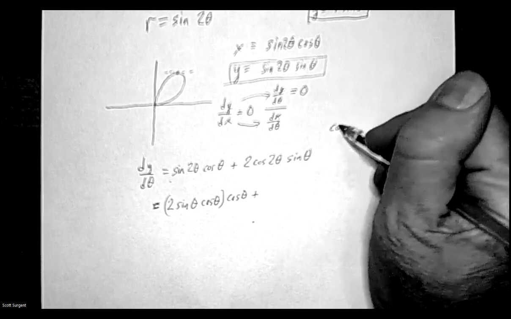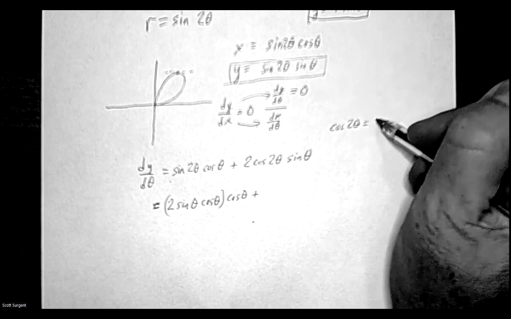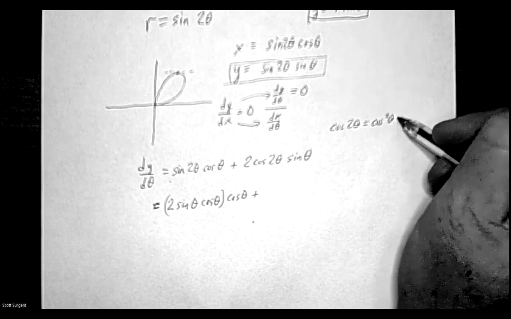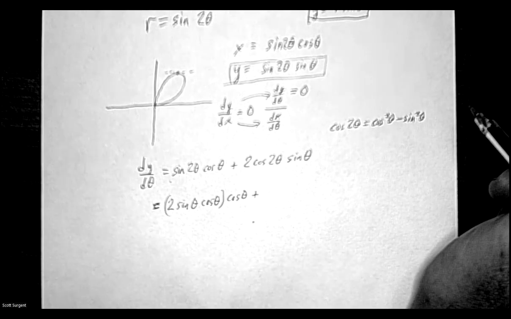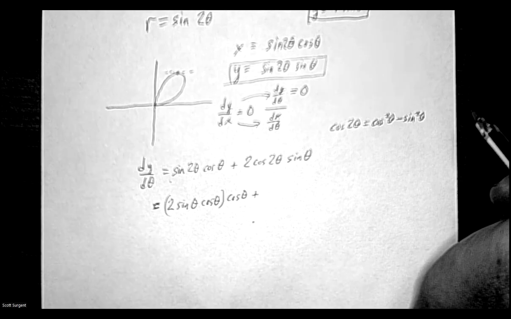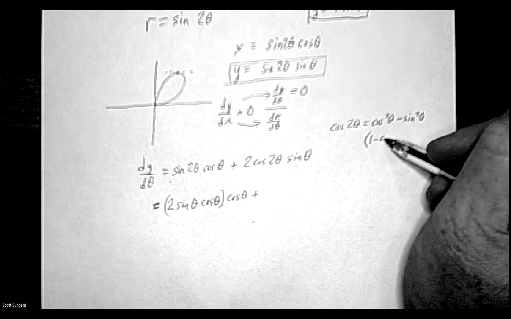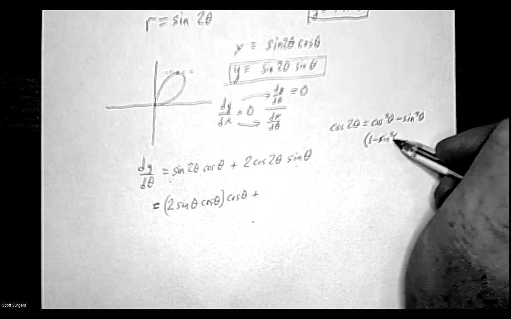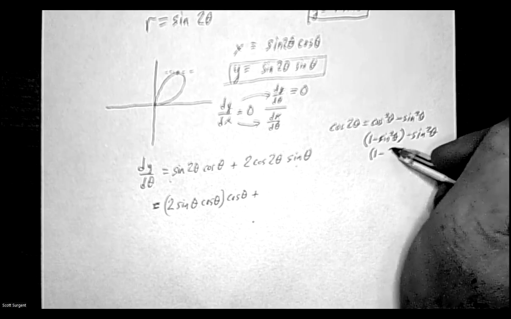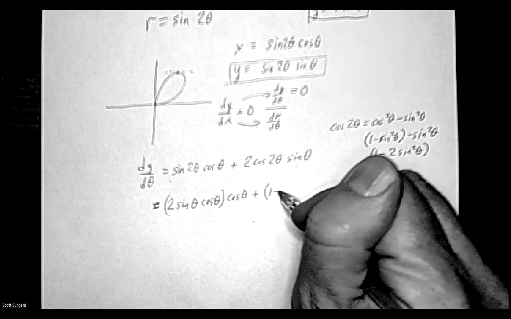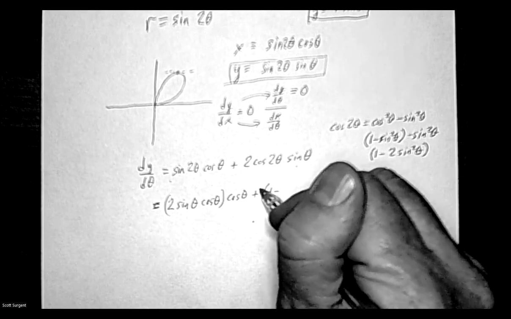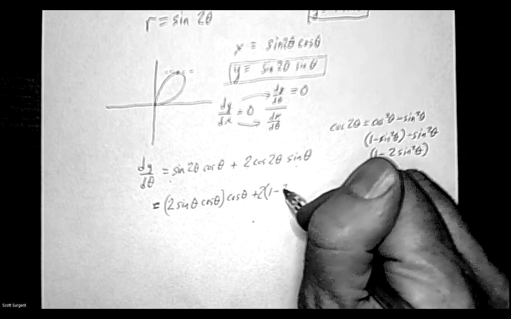Let me come over here. Cos 2 theta is cos squared theta minus sine squared theta, and I really don't want to get into powers if I can avoid it. Because I got a sine here, how about 1 minus 2 sine squared theta? I can't forget that 2, so I've got to keep it out in front.